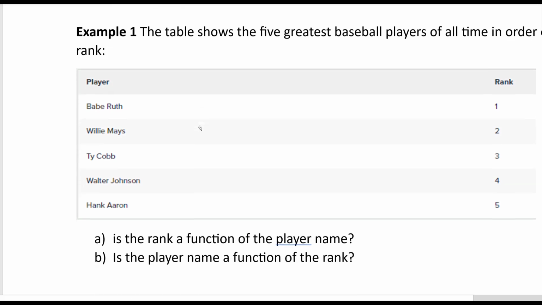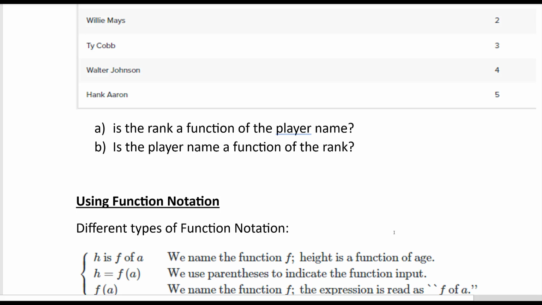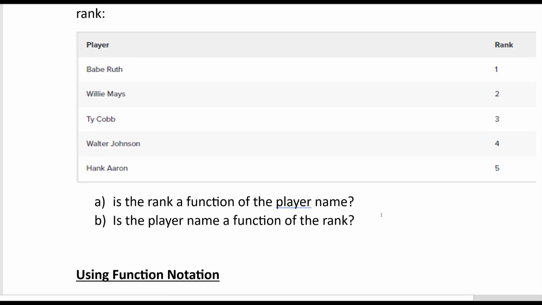So moving on here, example 1, the table shows the 5 greatest baseball players of all time in order of rank. We have Babe Ruth, Willie Mays, Ty Cobb, Walter Johnson, and Hank Aaron. So first, second, third, fourth, fifth. So is the rank a function of the player's name? So does the rank lead to a specific player? Yes. So first place is Babe Ruth. Second place is Willie Mays.